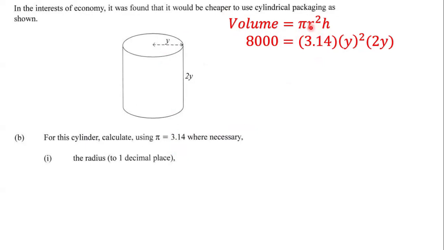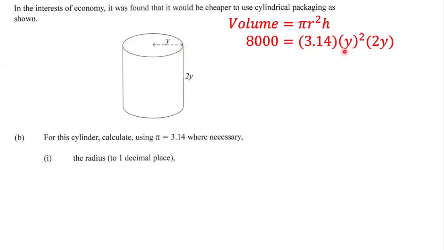So we put 3.14 here. The radius is y, that's why we have y instead of r, so it's y squared now. And this is the height, and the height is 2y, all right? So we have this equation, and our goal is to simplify and solve this equation for y.